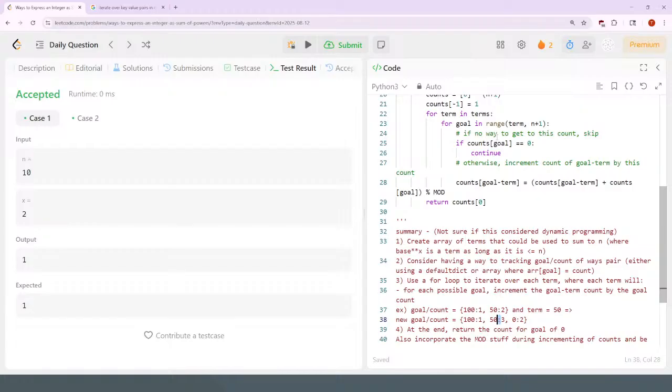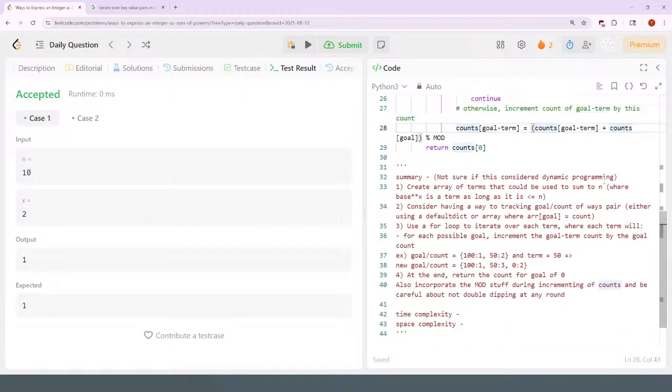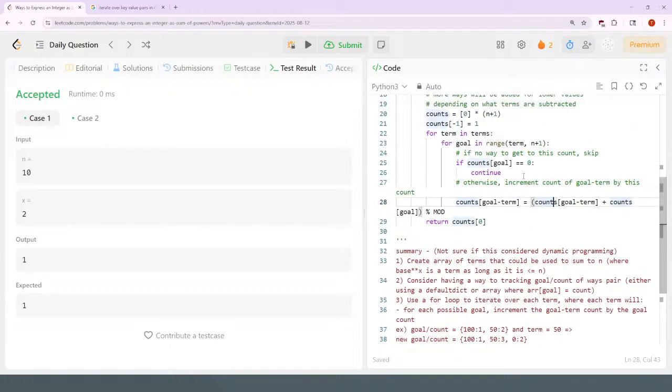I think I avoided that because I went from goal values that were smaller to larger, so that when I did the increment, I'm always dealing with something I'd already previously passed over. So the counts can't have weird side effects there.